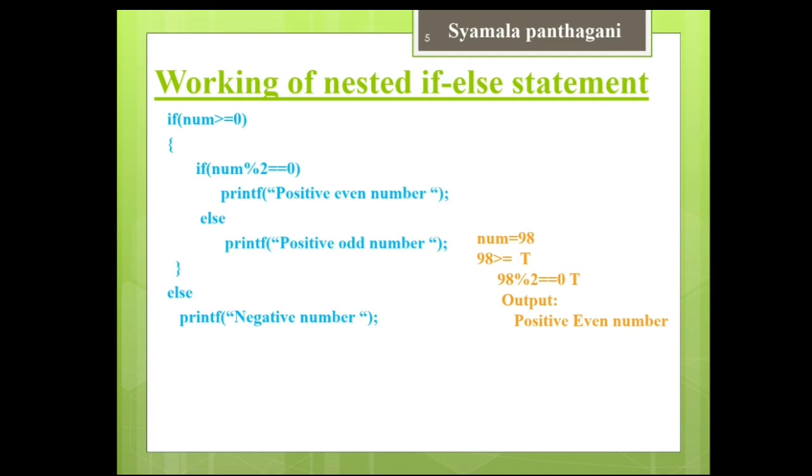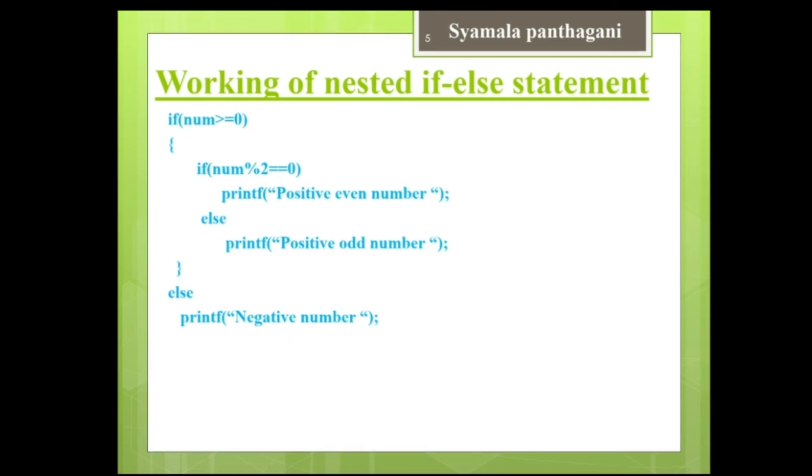And it again checks another condition, that is 98 mod 2 is equal to 0. If we divide 98 by 2, the remainder is 0. Then this condition is true. That's why it prints positive even number, because the given number is a positive even number.